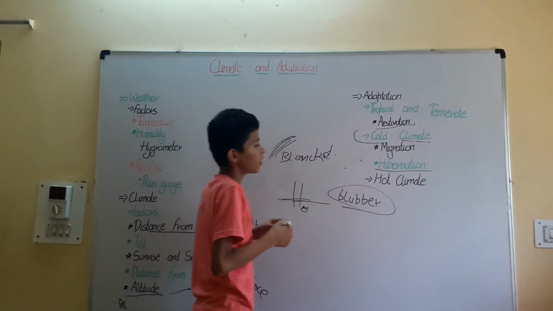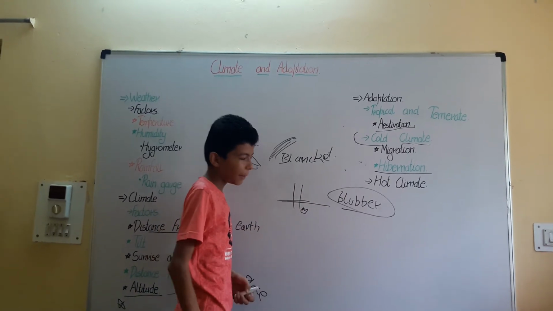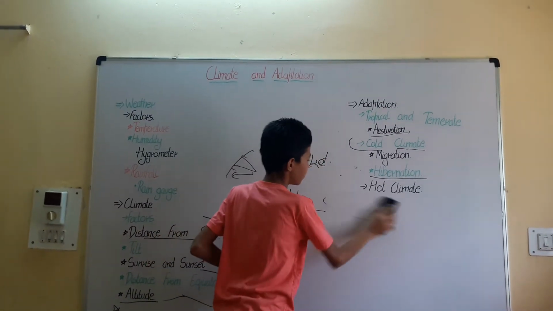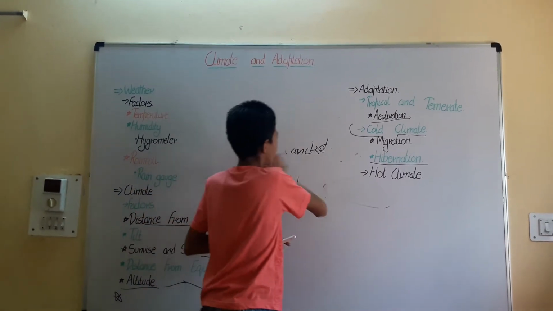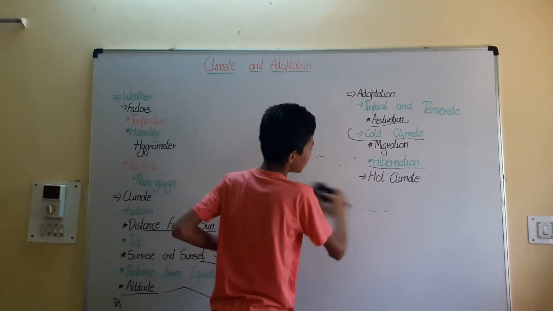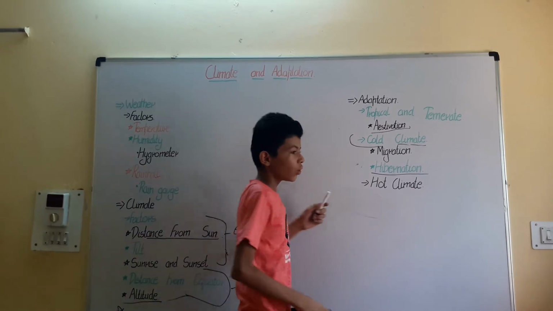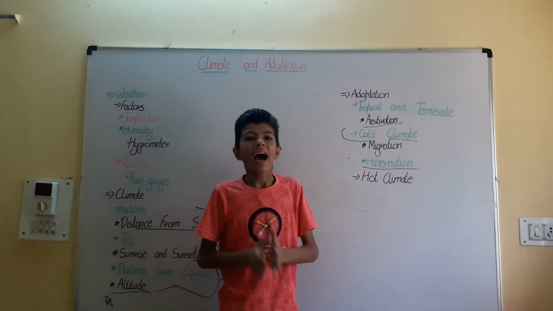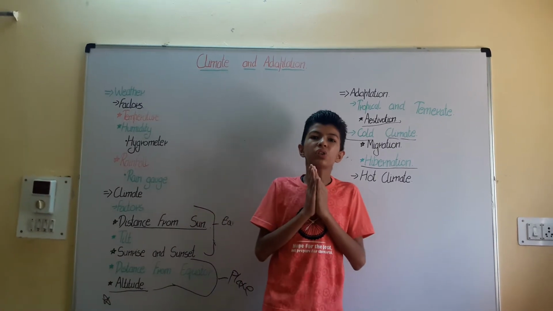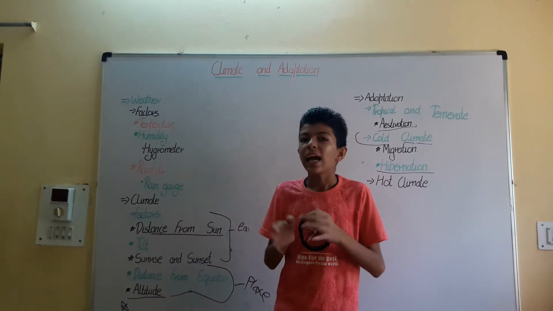So let's move to the hot climate, just like Rajasthan or areas containing deserts. Most animals found here are nocturnal, so they come out at night.